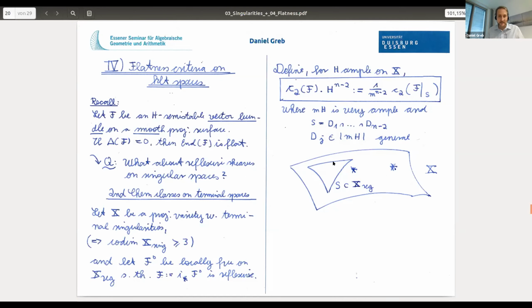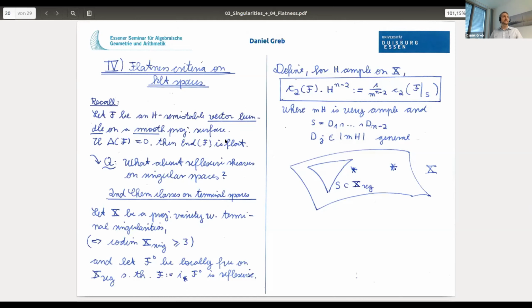So the picture is exactly the same as for curves when I did C1. And then I restrict my sheaf F, which was locally free on the regular part, to the smooth surface. It's a vector bundle on a smooth surface. And so I know how to do C2. I compute C2, and then I have to divide down by m to the n-2 because of the fact that I had to go to this multiple mH in order to have these sections.